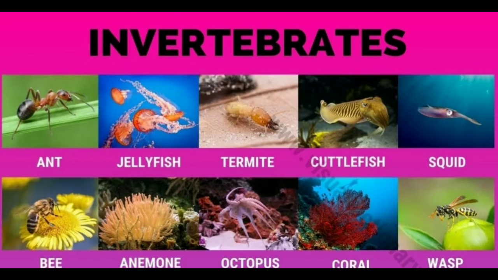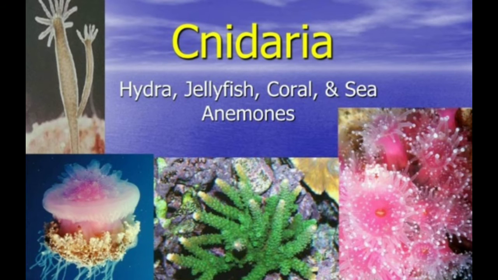There are diagrams also: jellyfish, termite, cuttlefish, squid, bees, sea anemone, octopus, coral and wasps. They are invertebrates. Then invertebrates can be divided into 4 groups.